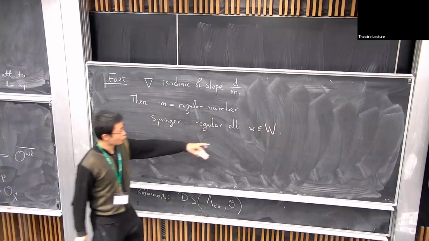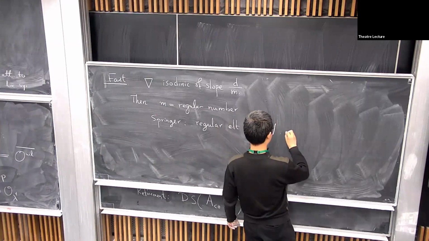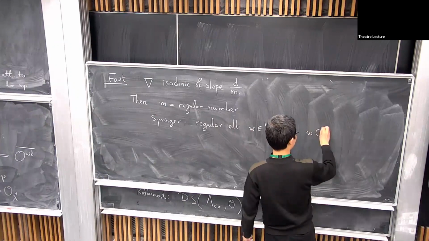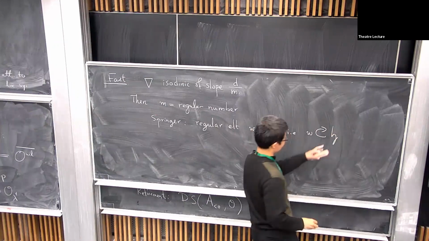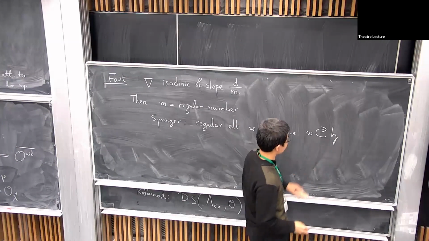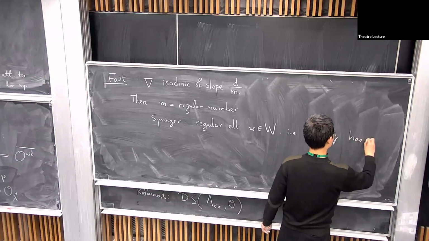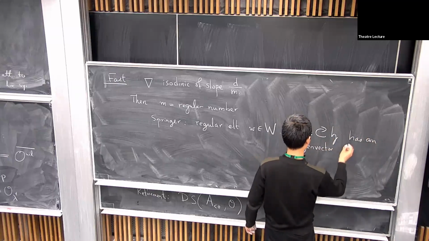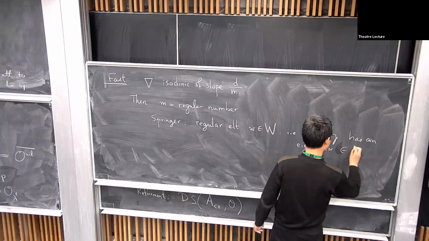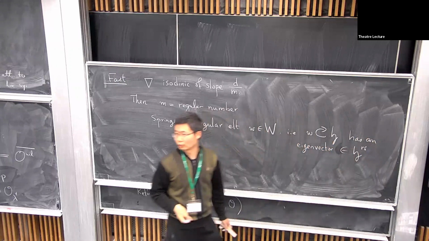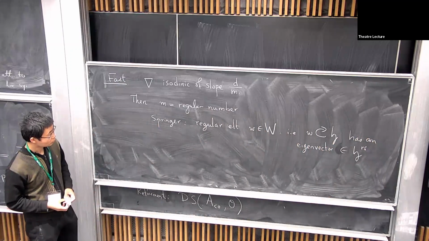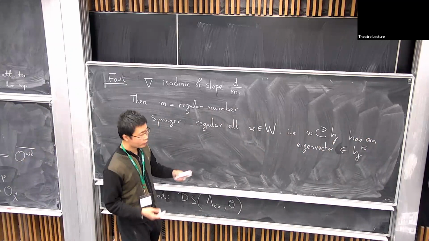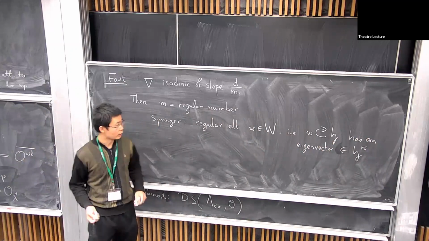An element in the Weyl group is called regular if it has an eigenvector that's regular. So there's a reflection representation of W on the Cartan, and it has an eigenvector inside the regular semi-simple locus, away from the walls. So the trivial one is an example, and another extreme is the Coxeter, any Coxeter element.